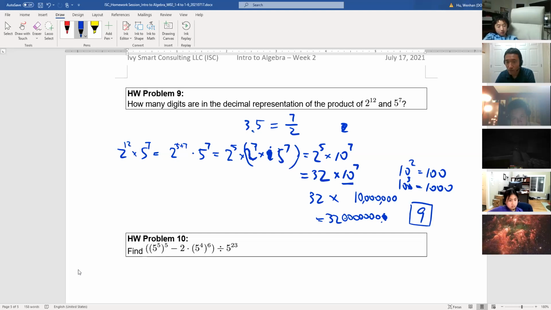We take this and this into the power of 10, and what's left here is small enough, only 2 digits. We know 10 to the 7th has 7 zeros, and when it's multiplied by 32, the 32 will be followed by 7 zeros. We have 9 digits at the end.